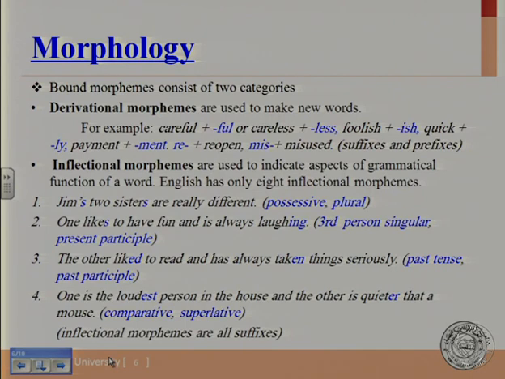Now, the first sentence is, Jim's two sisters are really different. Here the first inflectional morpheme is the possessive s. The second one is the plural s.